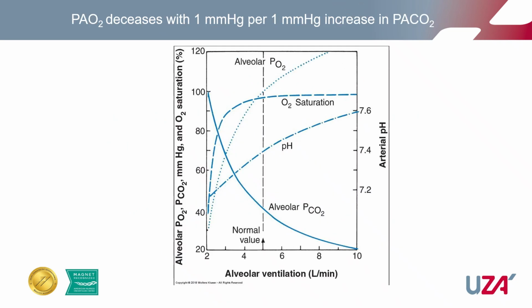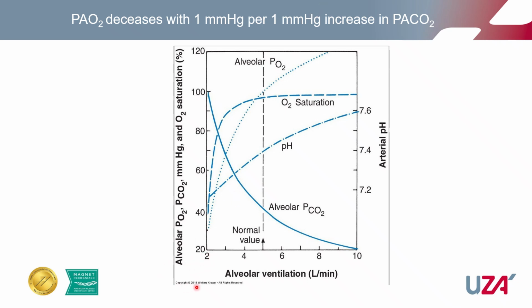The close relationship between the carbon dioxide tension and the oxygen tension is shown in this slide. On the x-axis is the alveolar ventilation, while on the y-axis the alveolar PO2, pCO2 and oxygen saturation are presented. On the right vertical axis the arterial pH is presented.